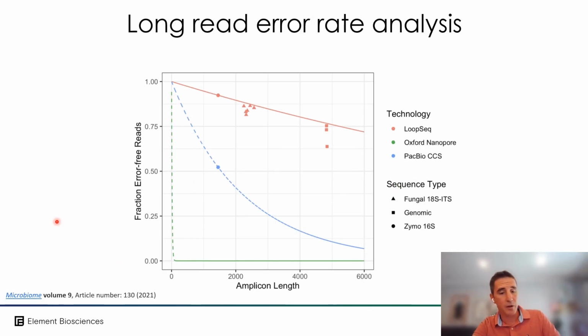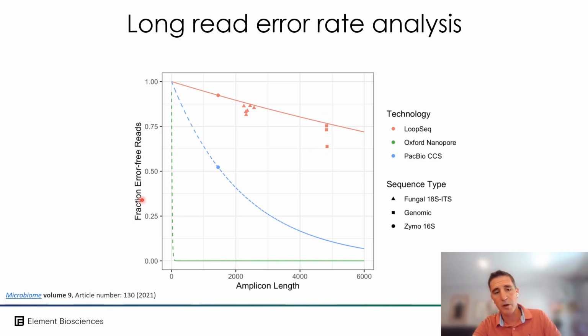Another figure from the same paper did a comparative analysis, this time for error rate, over all 3 long-read sequencing technologies: LoopSeq, ONT, and PacBio CCS reads. They sequenced full-length 16S molecules, which are these data points here, full-length 18S, ITS1, and ITS2 molecules, which are roughly 2,500 base pairs, those are the data points here, and then full ribosomal RNA clusters, which are 5 kb in length, and these are the data points here.